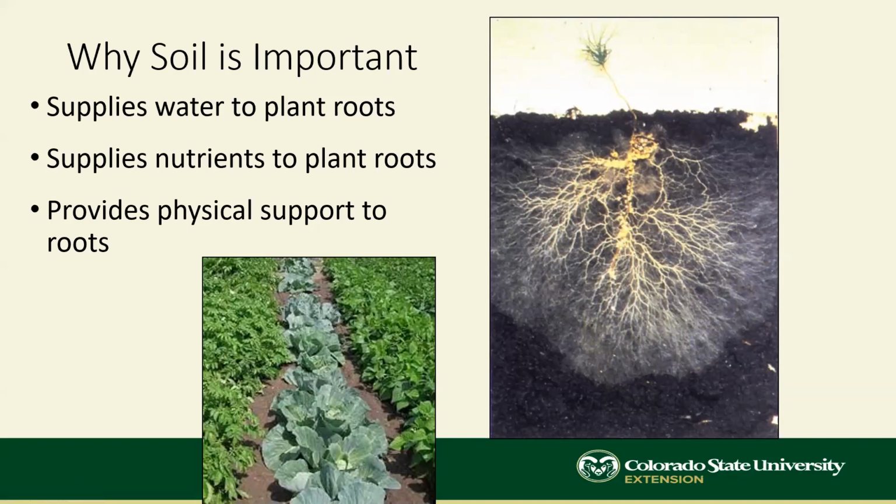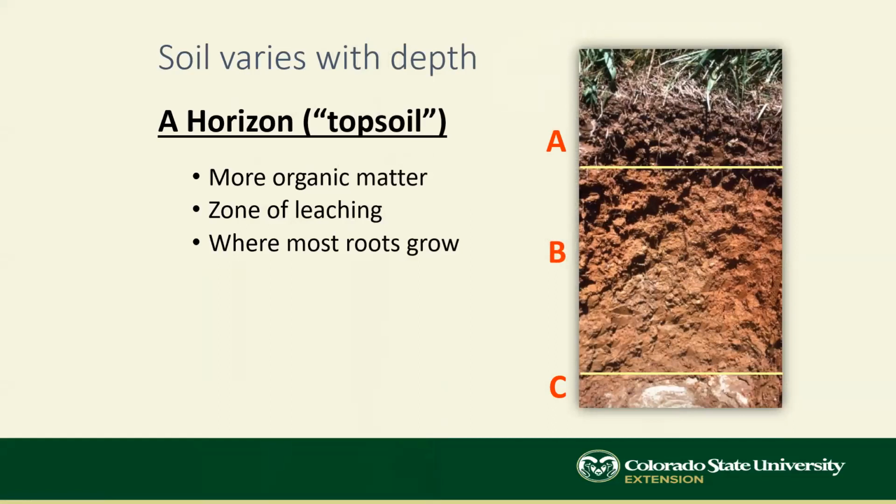Just to get you started, we can start talking about these soil horizons. I like to think about them as just levels in the soil profile. If you start down low, this could be granite, it could be limestone, it could be any kind of parent material down below.